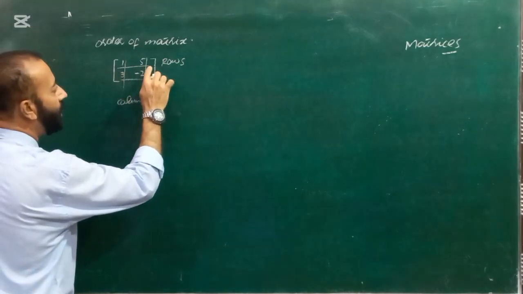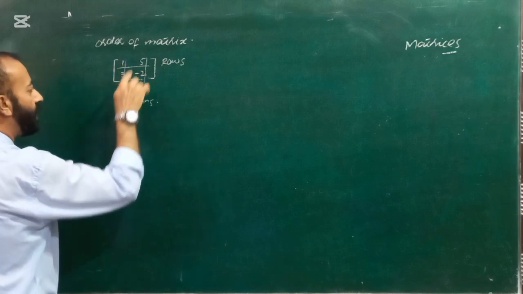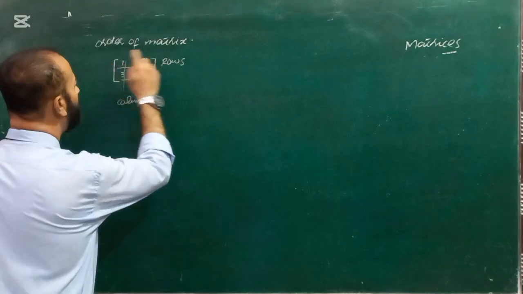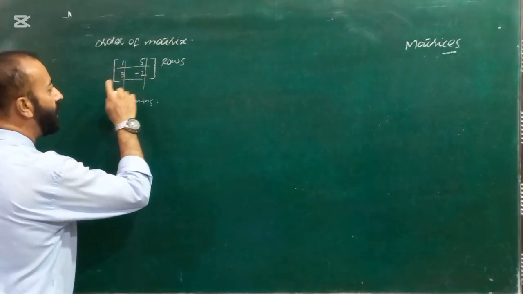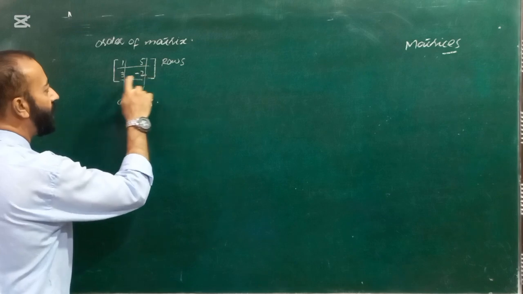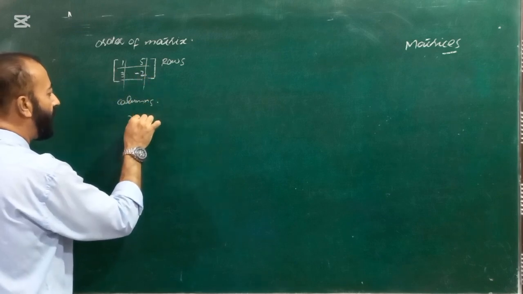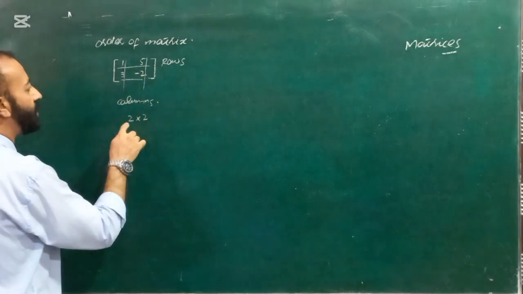So the horizontal line is called rows, and vertical lines are called columns. So the order of the matrix is, first you have to write the number of the rows. So in this matrix, you can see there are 2 rows and there are 2 columns. So the order of the matrix is 2 by 2.